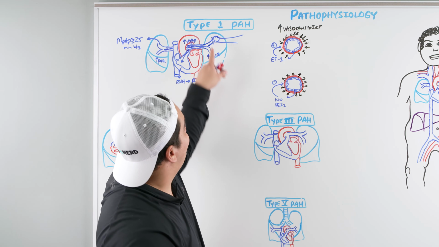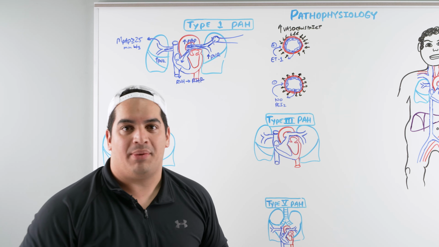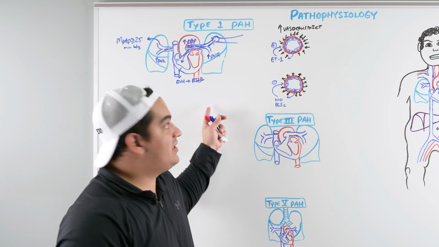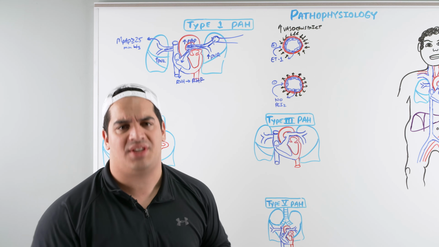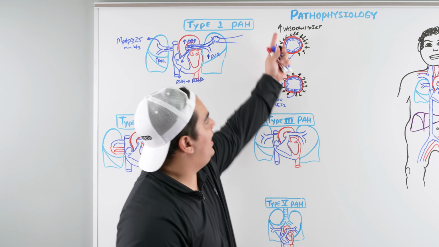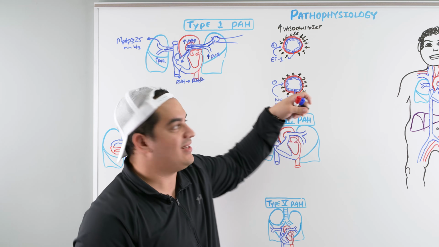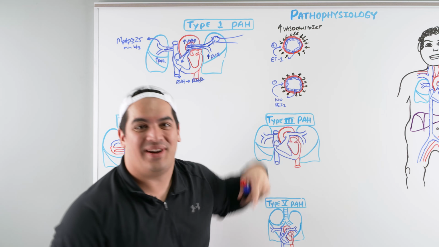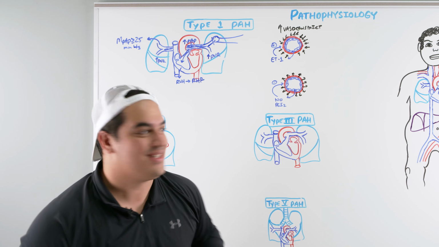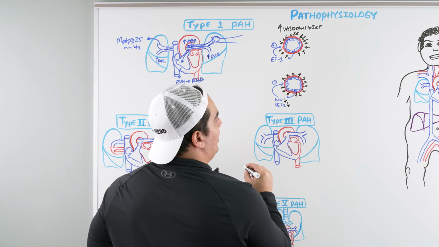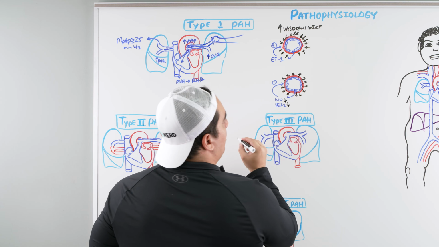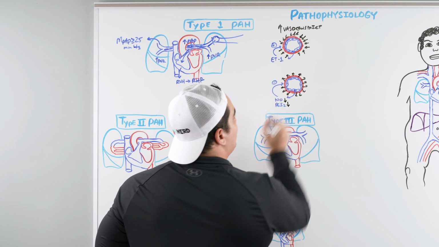In this disease, type 1 pulmonary artery hypertension, there's a couple different things that can cause this process, but the basic etiology, the basic pathophysiology, if you will, is there is an increase in the vasoconstrictive process and a decrease in the vasodilation process. So there's less nitric oxide, less prostacyclin, which leads to less inhibition and therefore less vasodilation.